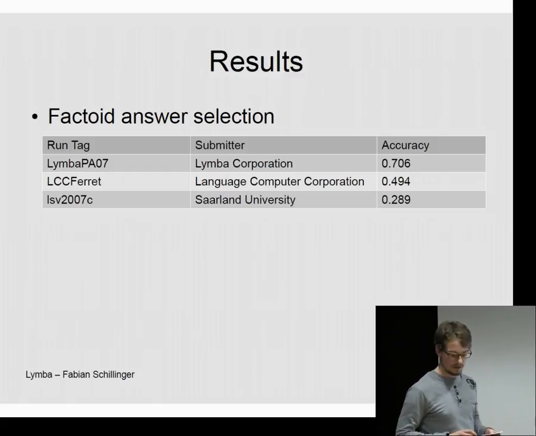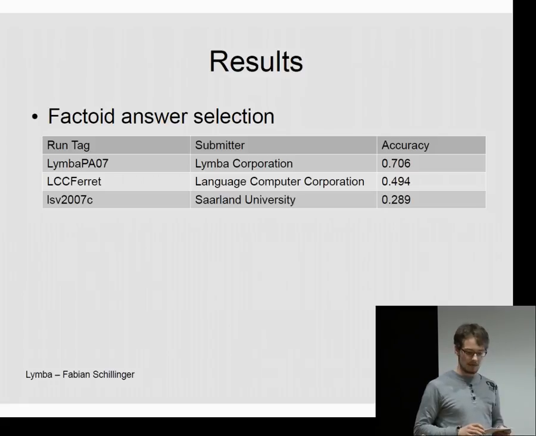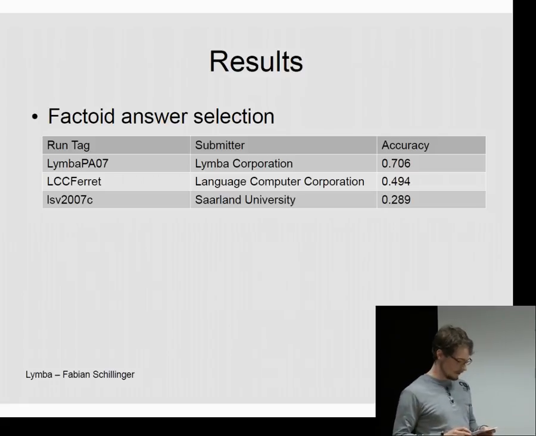In the year 2006, Limba had an accuracy of 0.578, which means an increase of 20% accuracy.